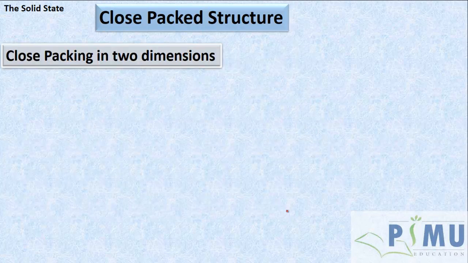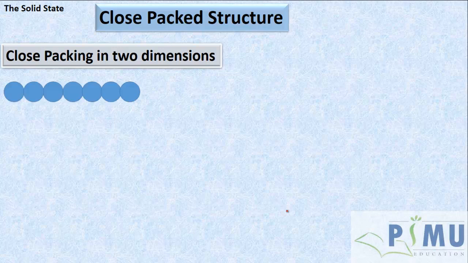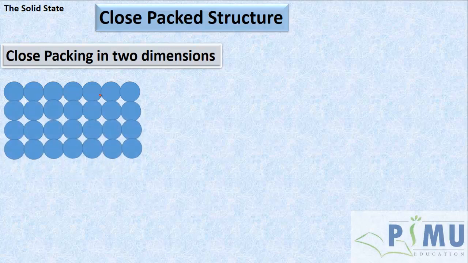Now let us see close packing in 2 dimensions. Before arranging the particles in 2 dimensions, first let us arrange the particles in 1 dimension. This is a 1 dimensional arrangement, right? Now let us place the particles exactly below the particles present in this 1 dimension. That means like this.